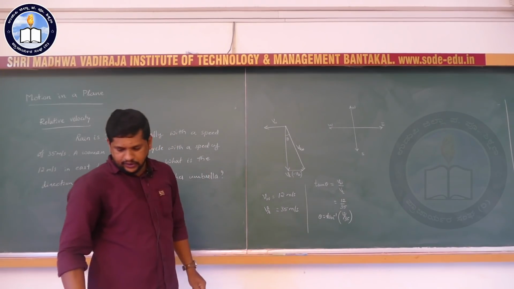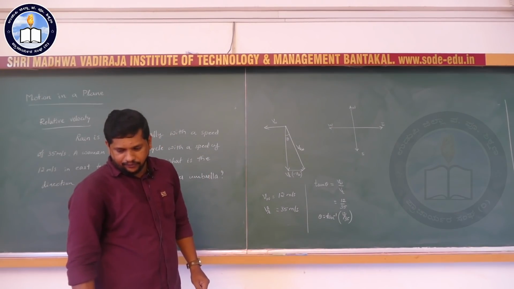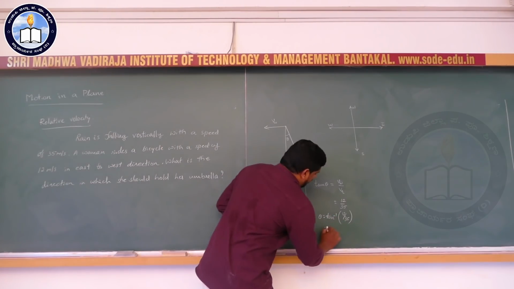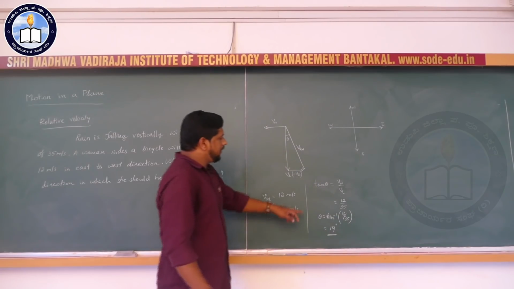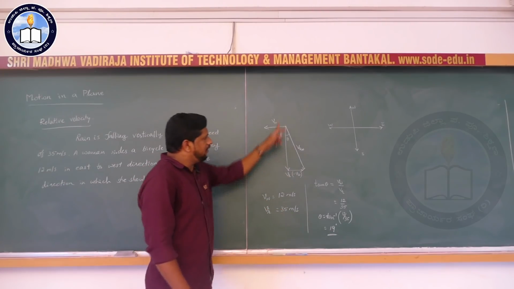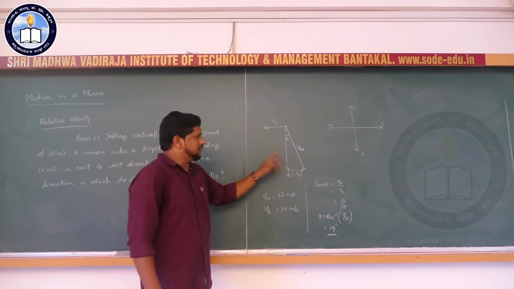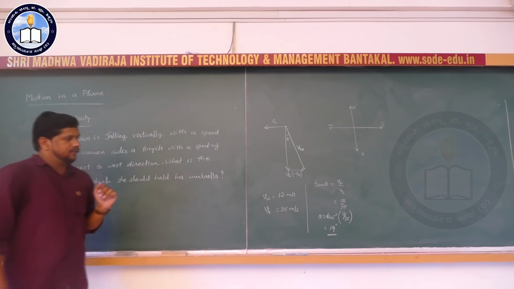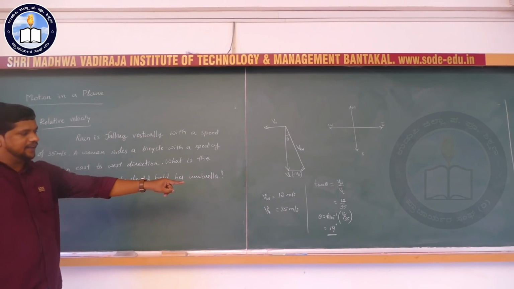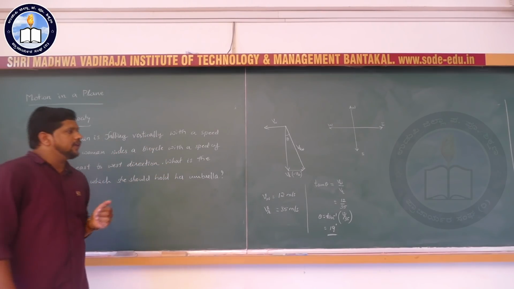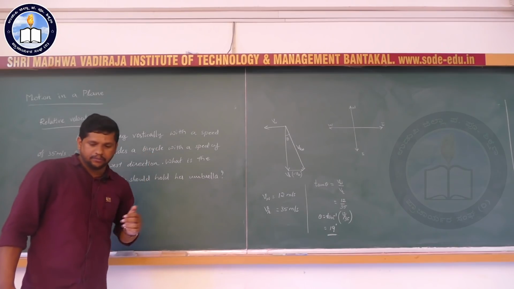So, this will be approximately equal to 19 degrees. So, the woman has to hold her umbrella at 19 degrees with the vertical so as to protect herself from the rain. Okay. So, that 19 degrees is the angle at which she has to hold her umbrella so as to protect herself from the rain.